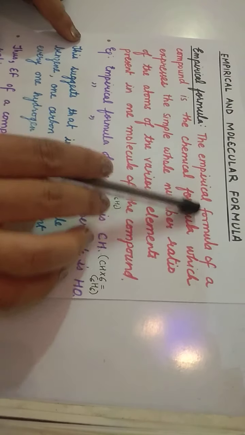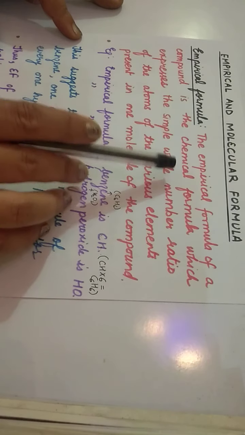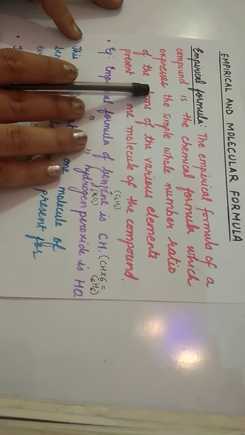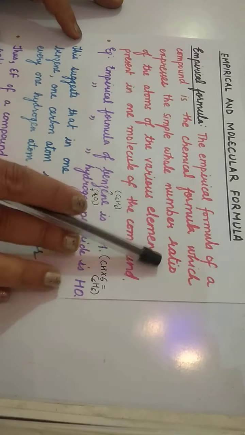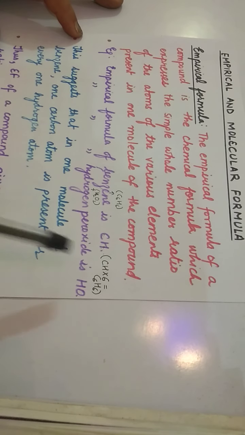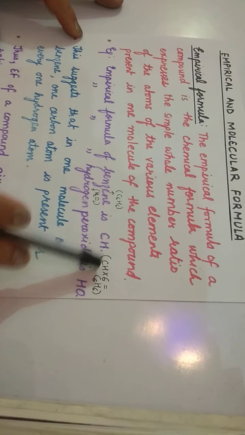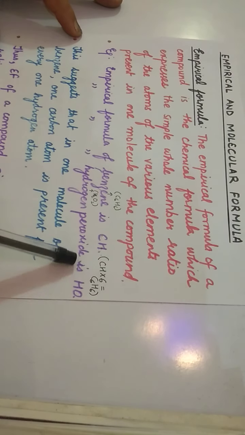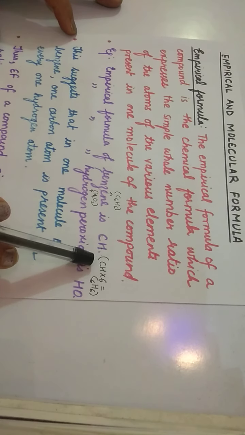So empirical formula of a compound is the chemical formula which represents the simplest whole number ratio, that is CH for benzene. That is, it gives you the ratio 1:1.